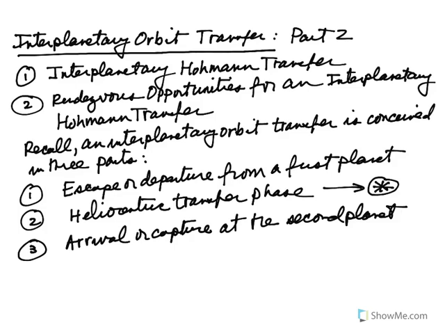So in this lecture, we are going to focus on the constructs of the first and third parts, which is escape or departure from a first planet and arrival and capture at a second planet. But in order to do that, we actually have to first develop this first approximation, which is really important in being able to apply these constructs to the first and third parts.